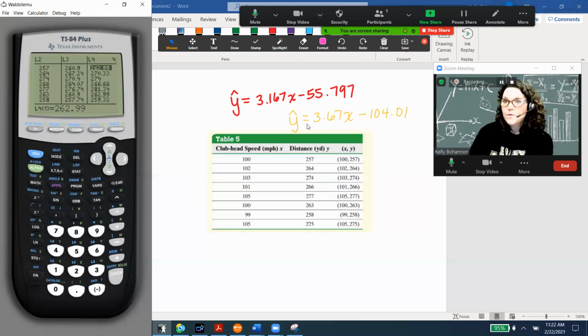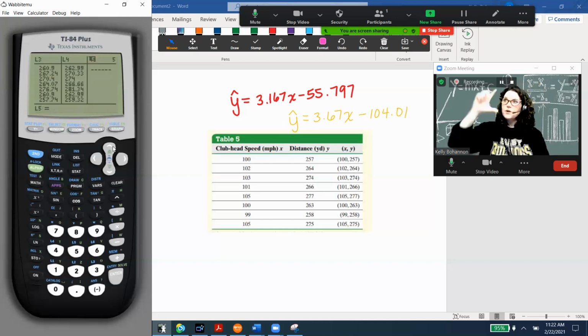Now what we want to do is figure out the residuals. So I'm going to go over to list 5. And when I'm talking about the residuals, I'm talking about how far is the actual data value, so my original table, table 5, how far is the Y value from the actual data table from my predictor Ys?